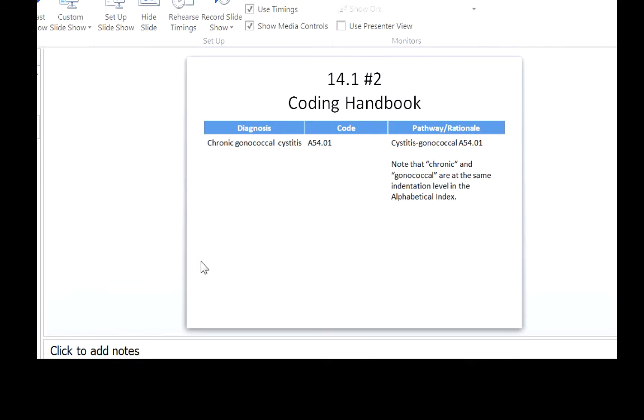The first diagnosis is chronic gonococcal cystitis. Our pathway is cystitis, then gonococcal, A54.01. When we look at our alphabetic index, you're going to see that chronic and gonococcal are at the same indentation level, and that's important.